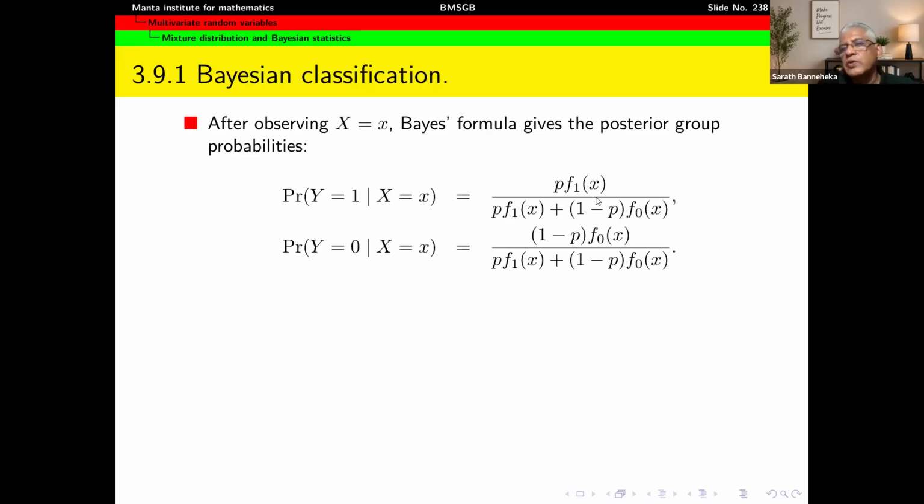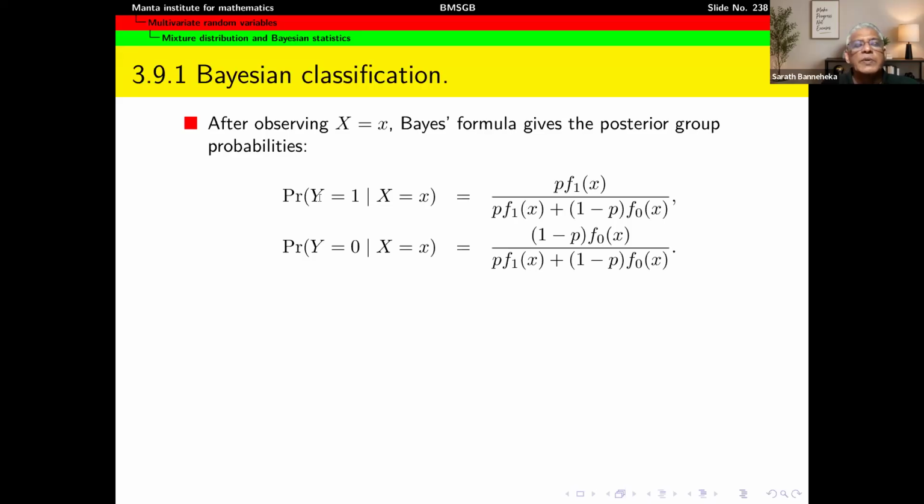You can see that this is directly similar to the Bayes formula that we use when we are considering events, which is what you usually call the Bayes theorem, right? When you know the conditional probability of some events in one direction, and you want to find out the conditional probability in the other direction, usually you use Bayes theorem. So this is very similar to that, and I have explained that in the previous lecture.